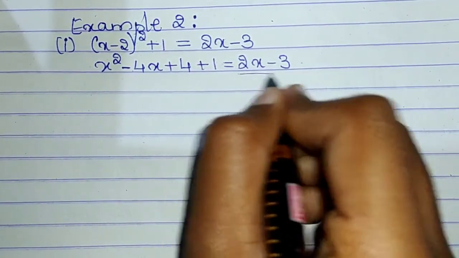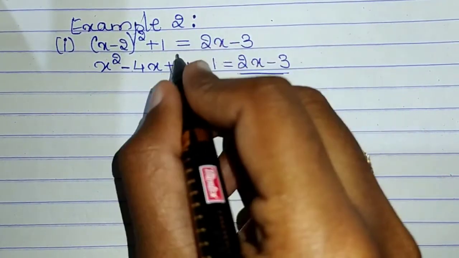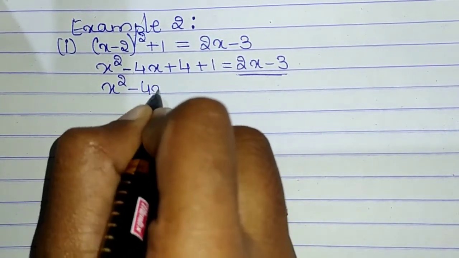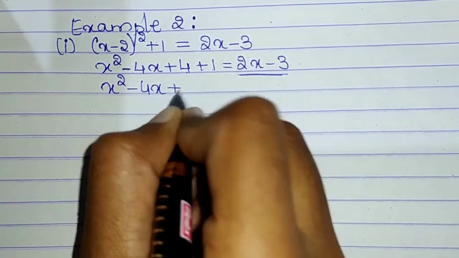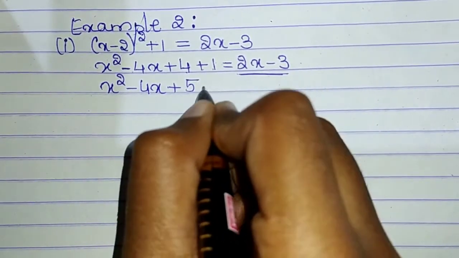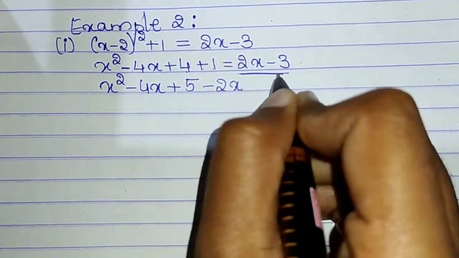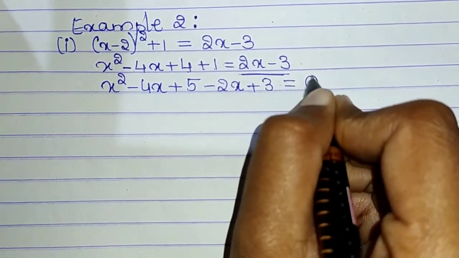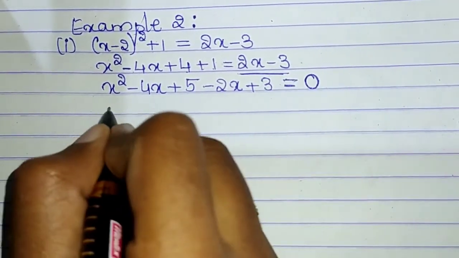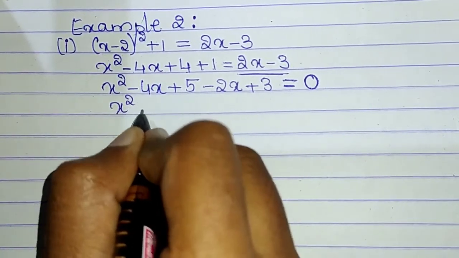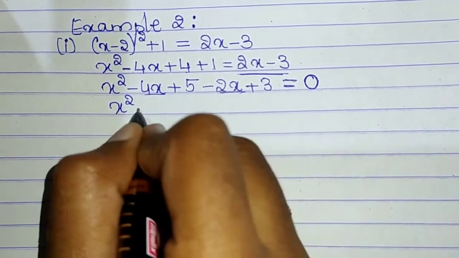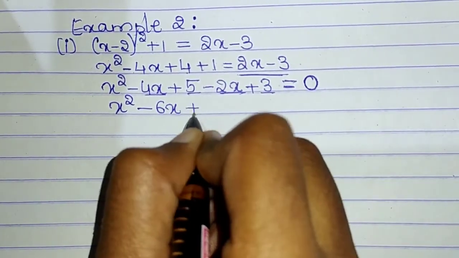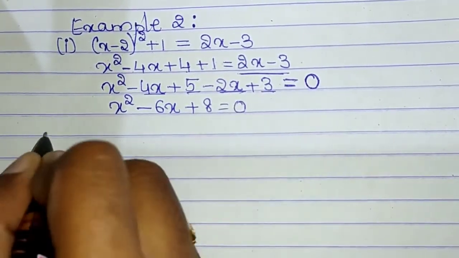Now transposing the values on the right hand side to the left hand side, we get x square minus 4x, 4 plus 1, 5, plus 2x will become minus 2x and minus 3 will become plus 3. And on the right hand side, what is remaining is 0. So this implies x square minus 4x minus 2x is minus 6x, plus 5 plus 3 is plus 8 is equal to 0.